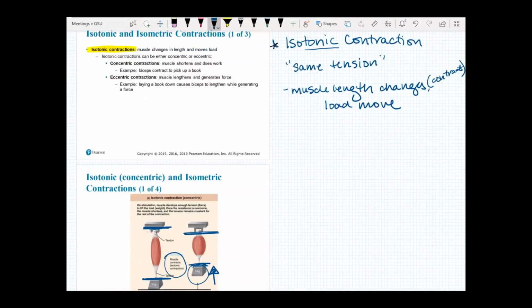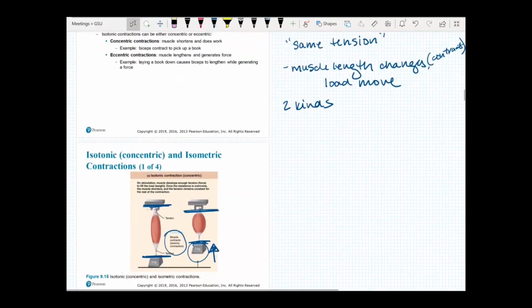There's two kinds of an isotonic contraction. You're going to have a concentric contraction. So a concentric contraction is going to be the muscle shortens. And if it does that, it will do work.